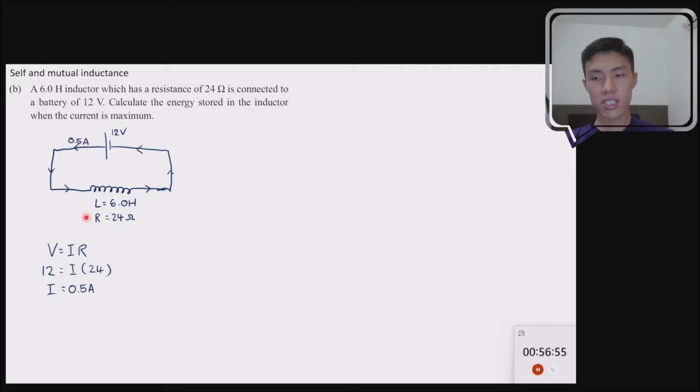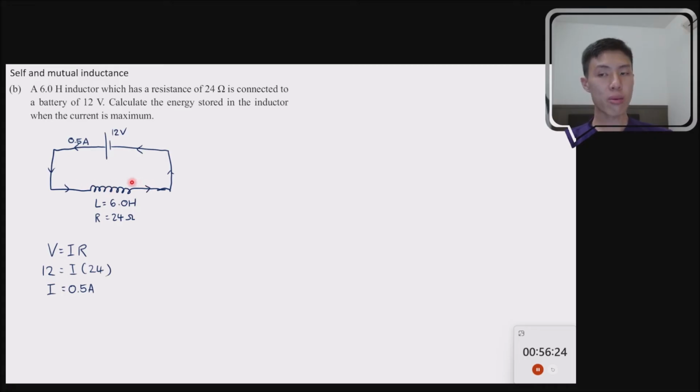But the thing is, this 0.5 ampere doesn't come in immediately. It's not that you connect the power supply and it immediately increases to 0.5 ampere. Why is it not immediate? It's because you are connecting it to an inductor. If you remember inductors, if you connect it to the battery, you cause an increase in the current, right? There's an increase in current flowing through the inductor, but because of this increasing current, you create a back EMF in the opposite direction.